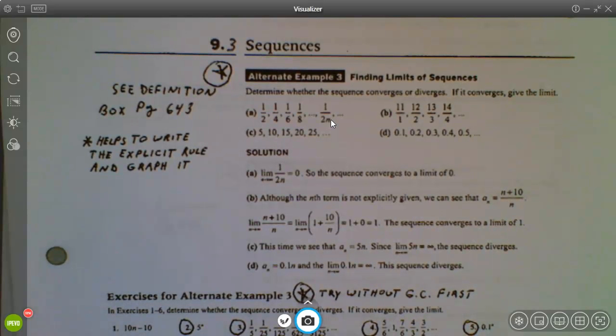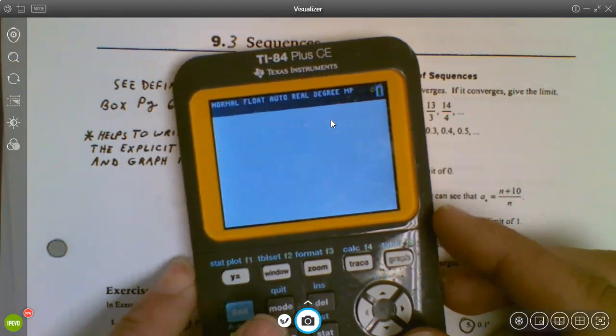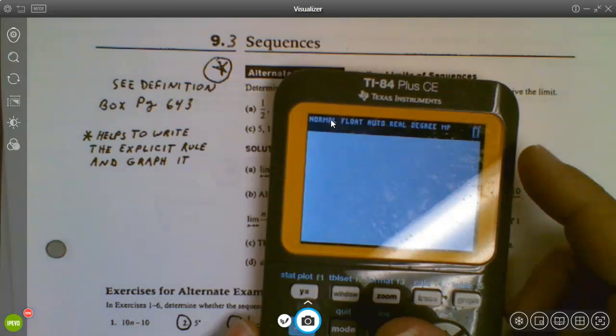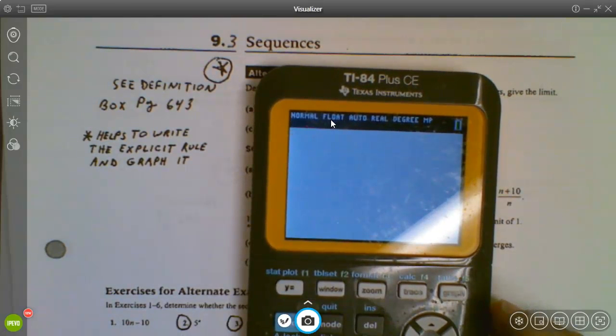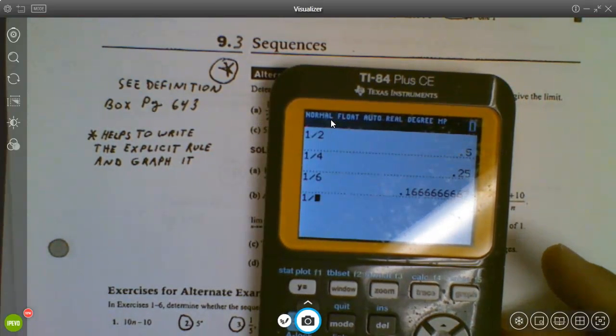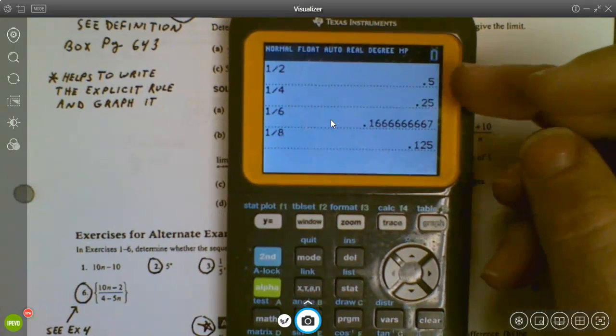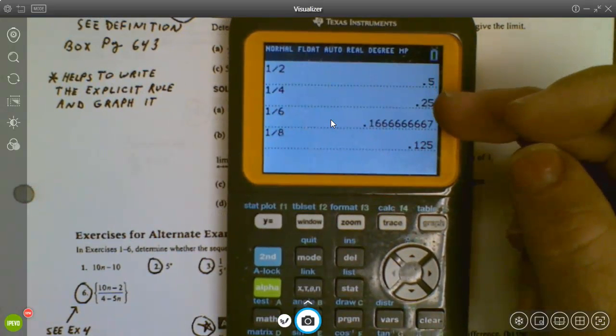And you could see that, so let's just not even graph it for a minute. I just want you to see something. As my numbers increase, if I have 1/2, 1 over 4, 1 over 6, was my pattern, right? 1 over 8, right? If I keep going on this, well, look at the results that I'm getting. They're getting smaller and smaller.